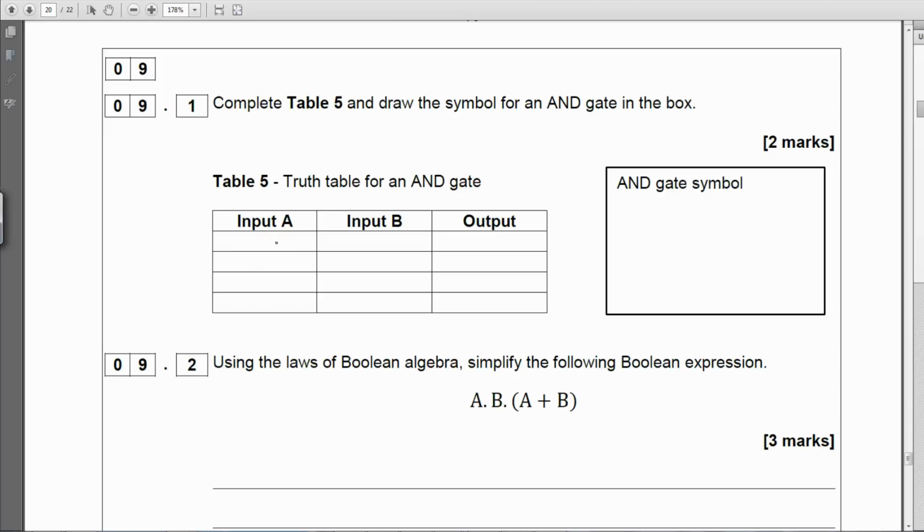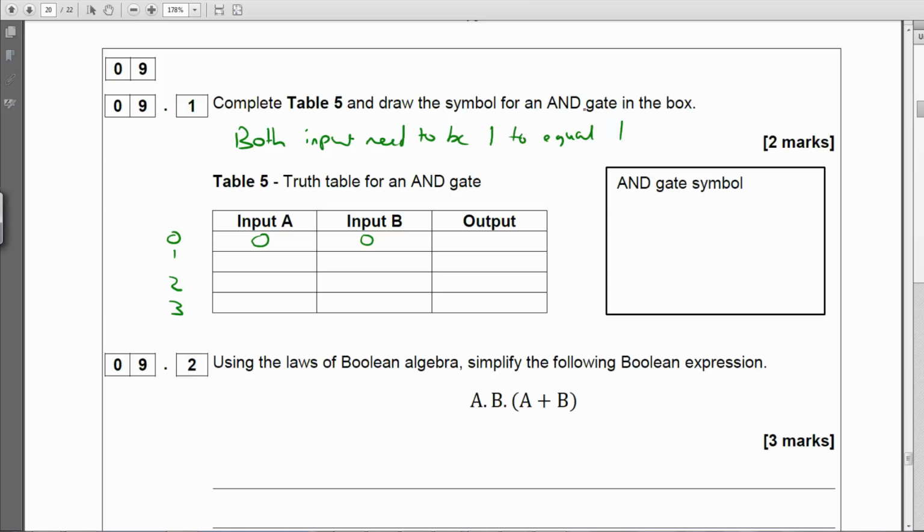So the way you complete a truth table is you have 2 inputs for the AND gate. And so the first line you're going to write 0. So the way I think of it, you write it like 0, 1, 2, 3, and I'll explain this in a sec. So when you have an AND gate, you need both inputs to be 1 to get a 1, but I explained that earlier.